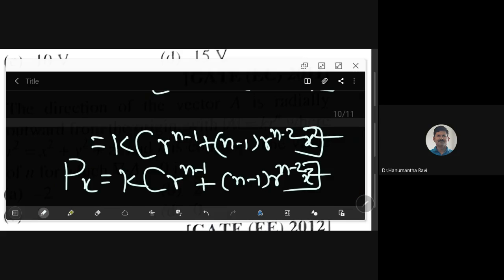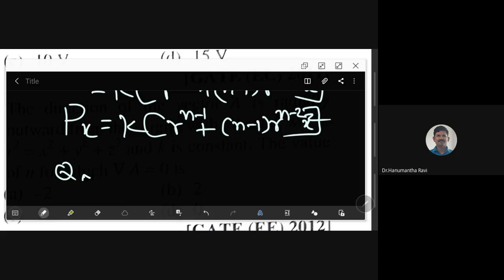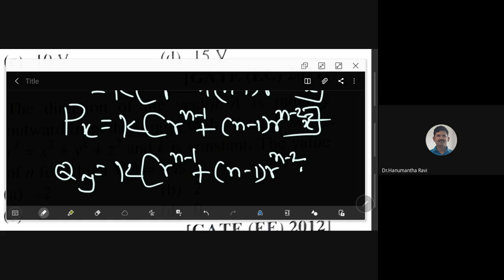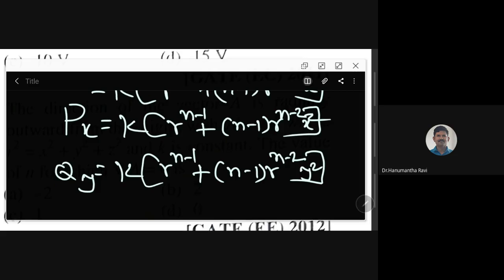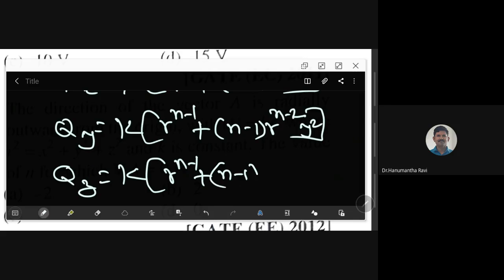Good. Similarly, because it is a symmetric function, Q_y is k into [r power n minus 1 plus n minus 1 r power n minus 2 y square], and R_z is k into [r power n minus 1 plus n minus 1 r power n minus 2 z square].